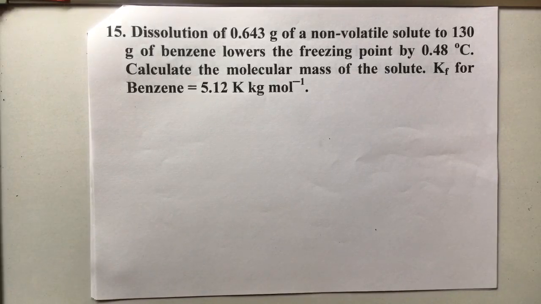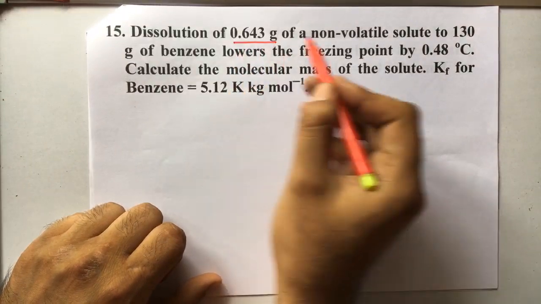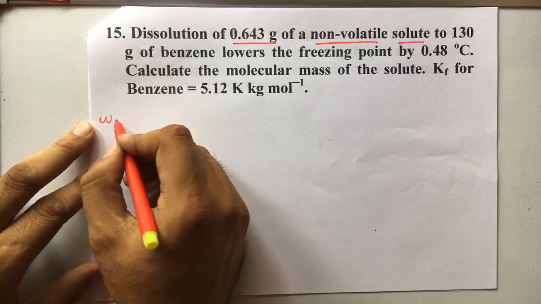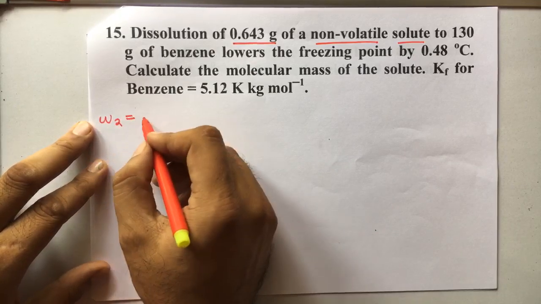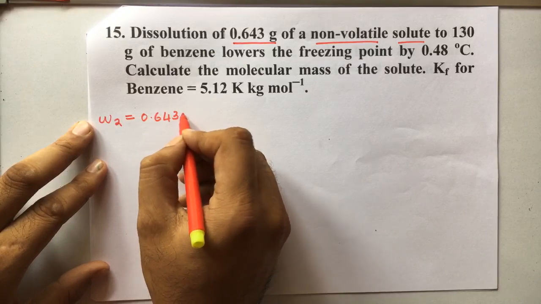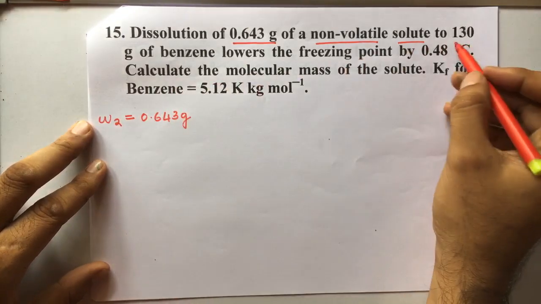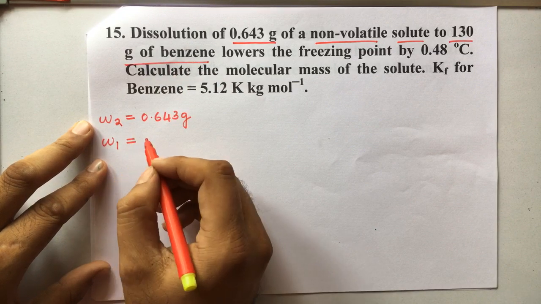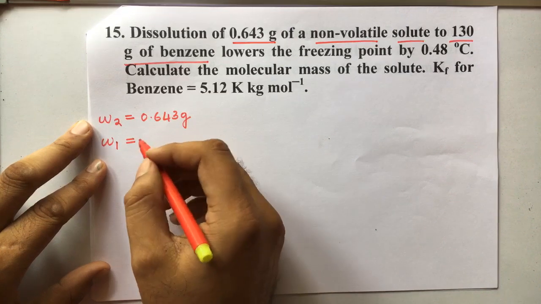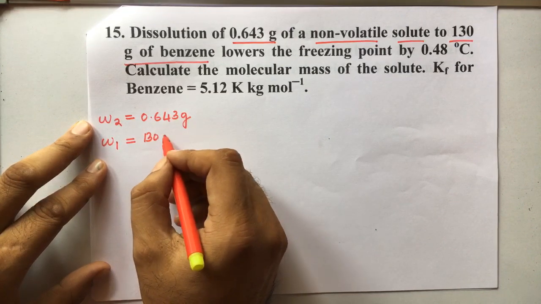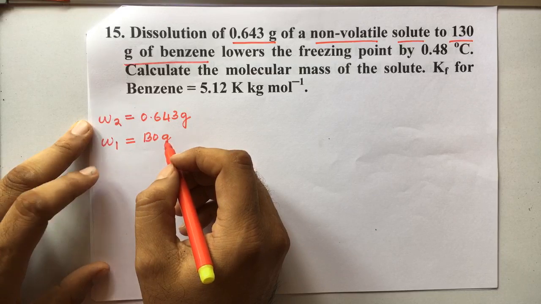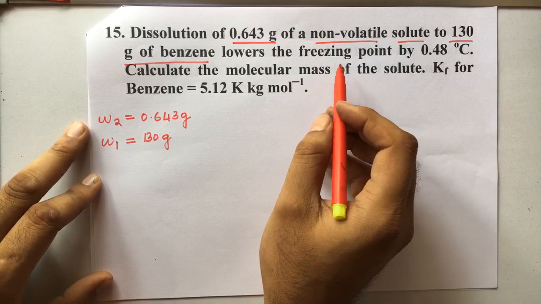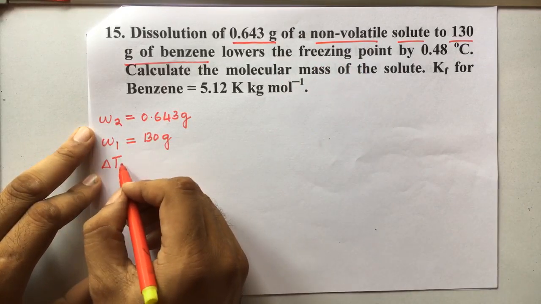Dissolution of 0.643 gram of non-volatile solute. So what is that 0.643? W2 is equal to 0.643 grams. 130 grams of benzene means the mass of solvent, that is W1, equal to 130 grams. They have given that it lowers the freezing point by 0.48 degrees Celsius, so delta Tf is given.